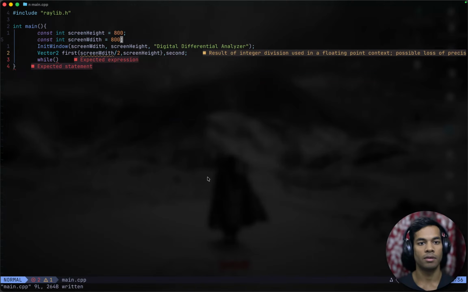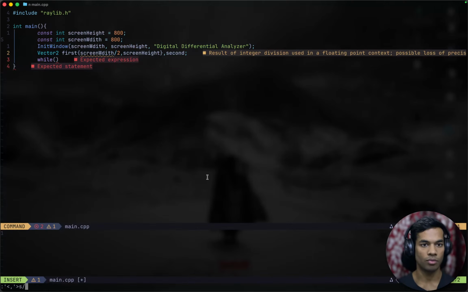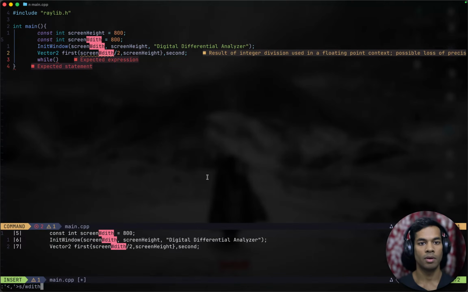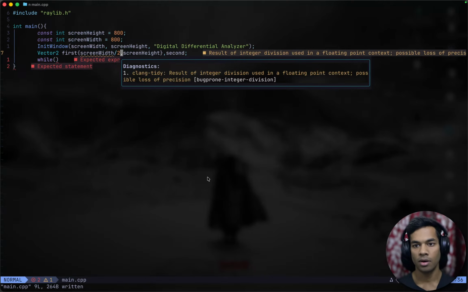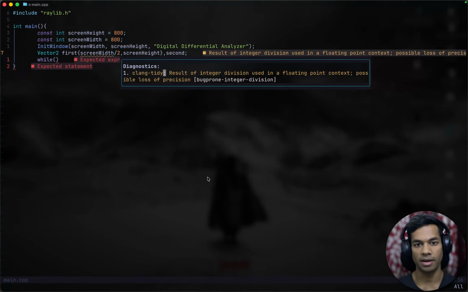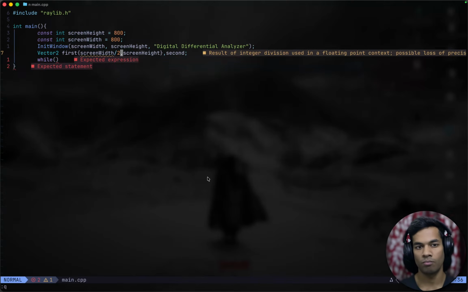And then the second would be screen height. Okay, the spelling of width is wrong. And the second thing, why is there an error? Floating point, clang-tidy is telling us something: result of integer division used in floating point.